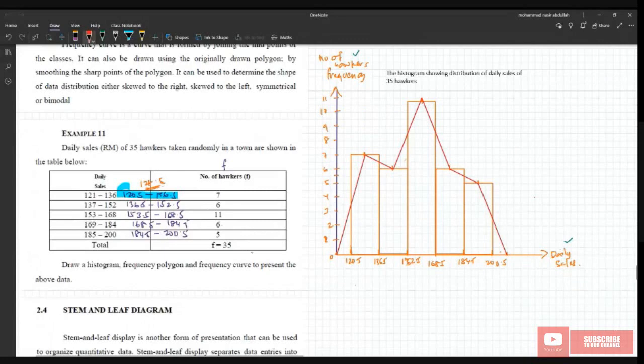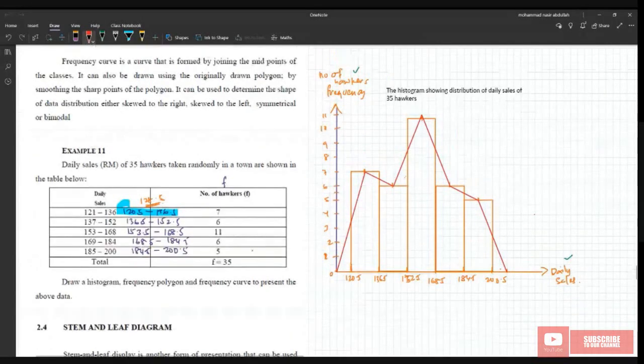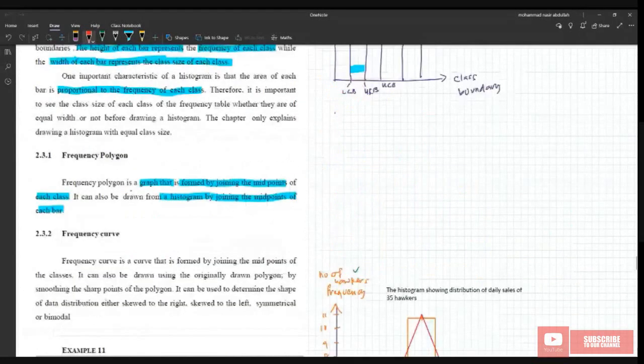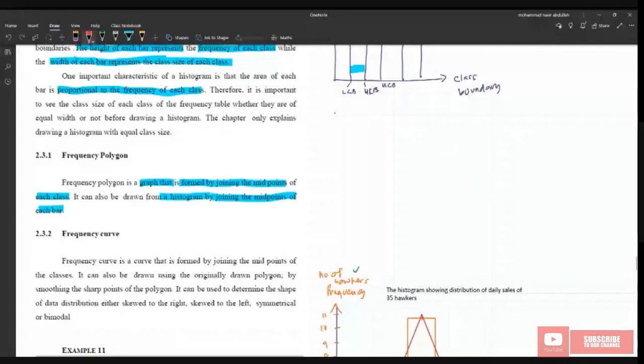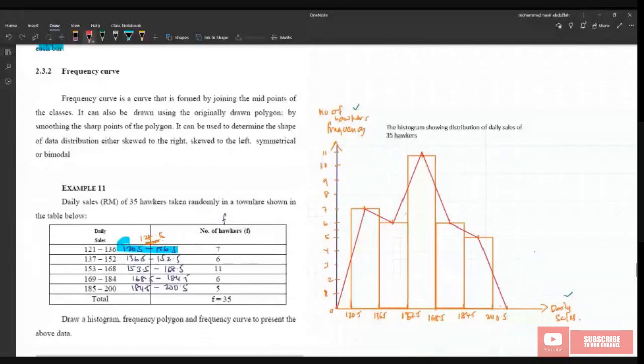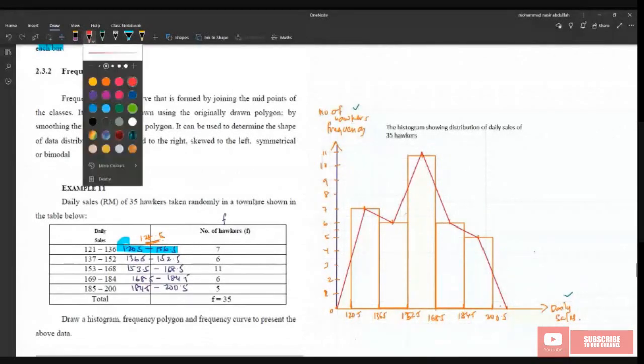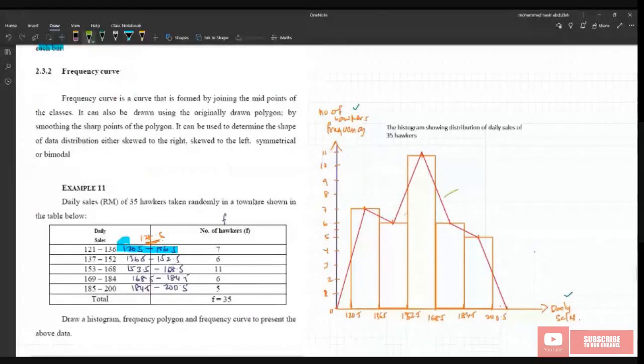So frequency polygon again is a graph that is formed by joining the midpoint of each class. It can be drawn from a histogram by joining the midpoint of each bar. So the red color line is the frequency polygon. Right? Okay.